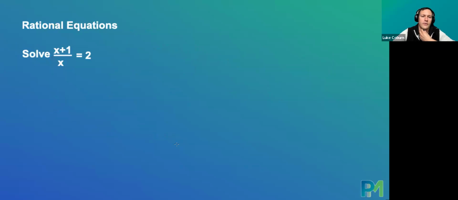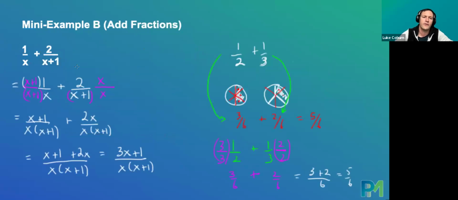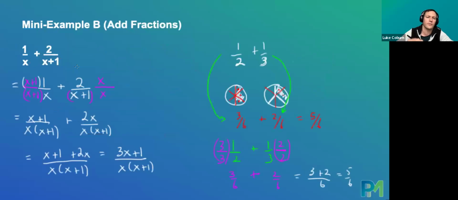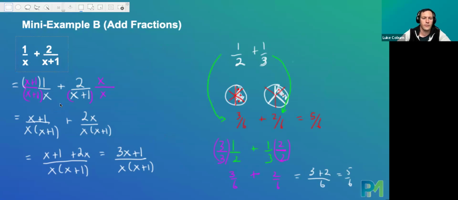Okay, so now we come to solving equations. And what we're going to be using when we do this is the previous tricks. If we're going to have an equation, let's say we took this one here, I'll take this to a new page.